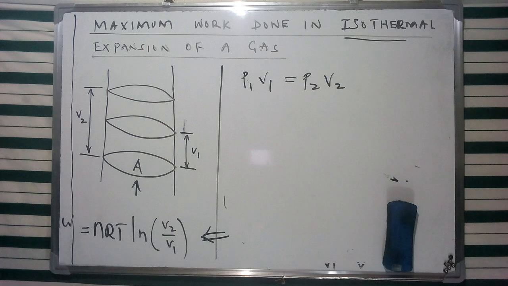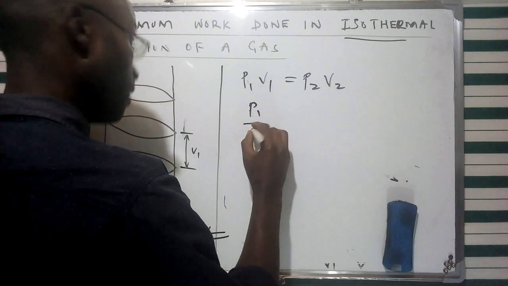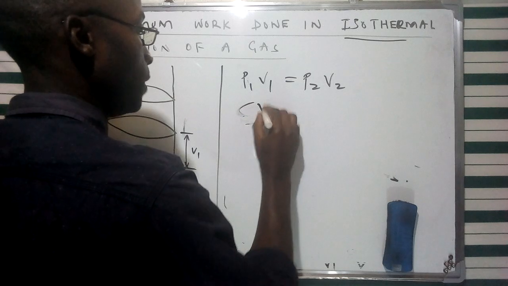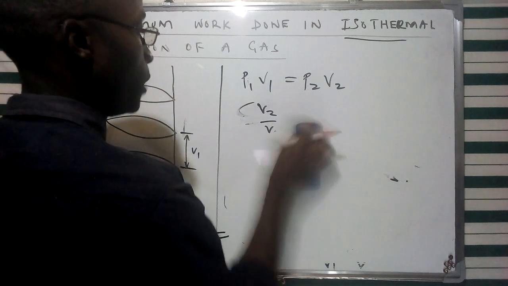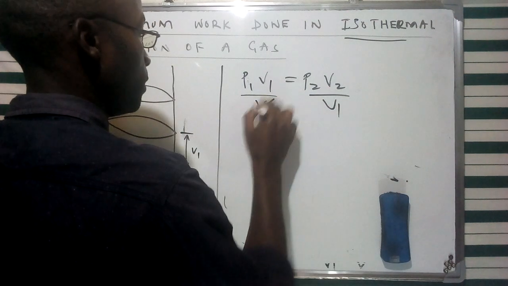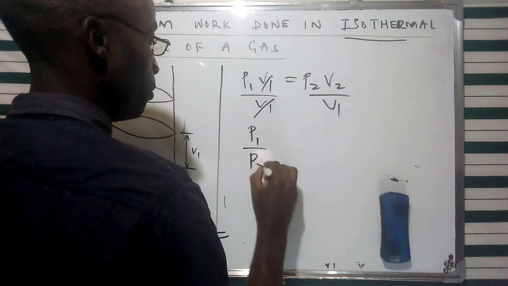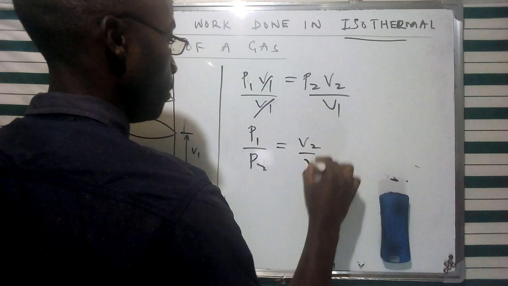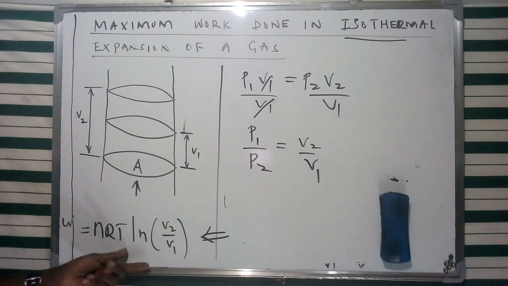To describe the relationship between pressure and volume, if you divide over V1, this cancels, and we have P1 over P2 equivalent to V2 over V1, which depicts an inverse proportionality between pressure and volume.